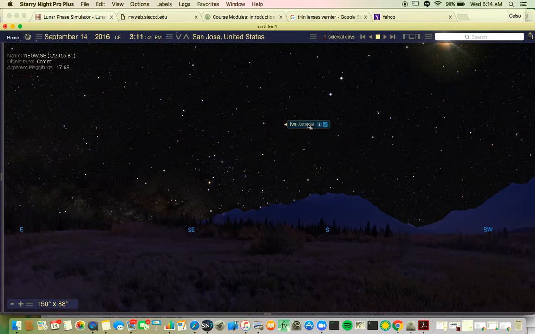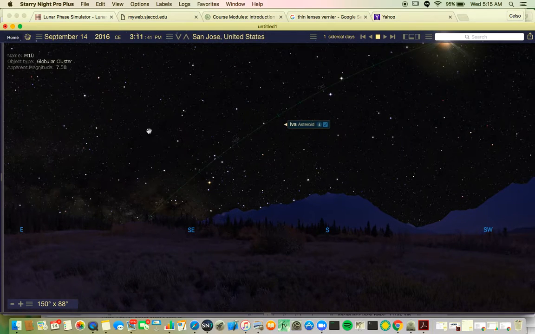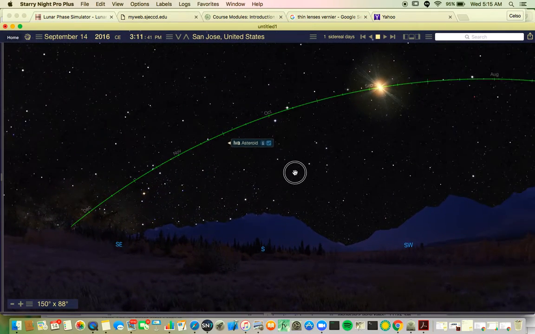Sidereal is a word you should also be learning. It is always with respect to the stars, right? So pretend for now that we have the ability. Let me show the ecliptic line.